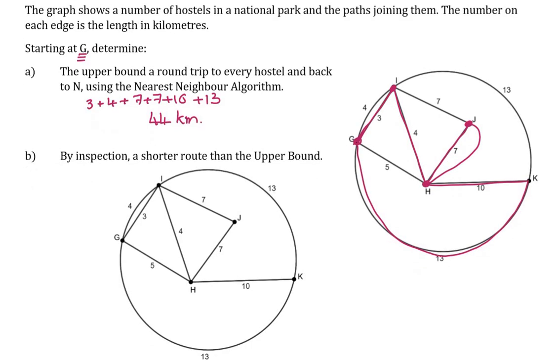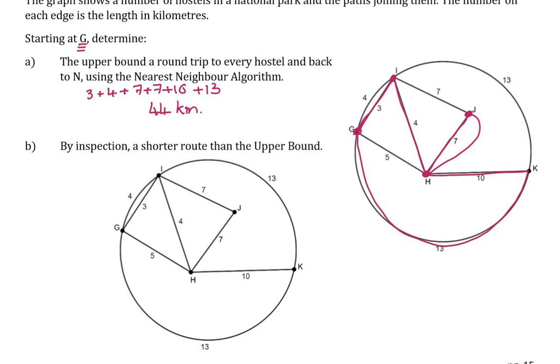Now, can you find a better route by inspection? What actually caused our problems here was this idea of going 7 and 7 again. So can we avoid that? There might be lots of ways I could look at this. Can I go 3, and then rather go 7, 7, 10, 13? Okay, that's an option. There are other options, so this is not the only one.